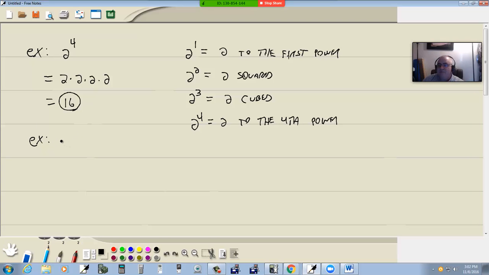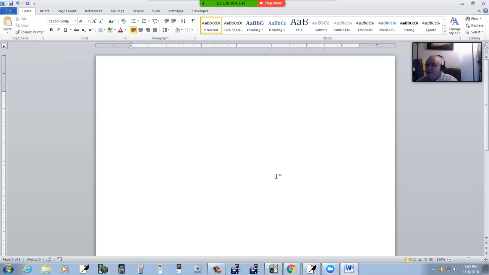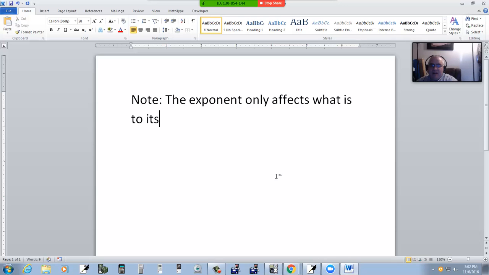Now if I had this problem, negative 2 to the 4th. Got a note that goes along with this. The note says, the exponent only affects what is to its immediate left.